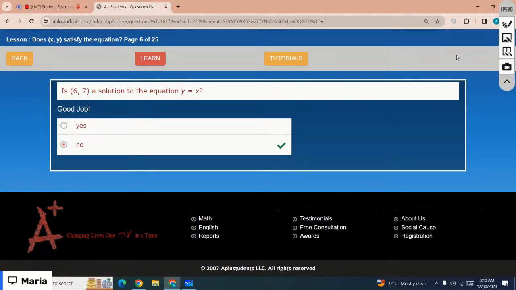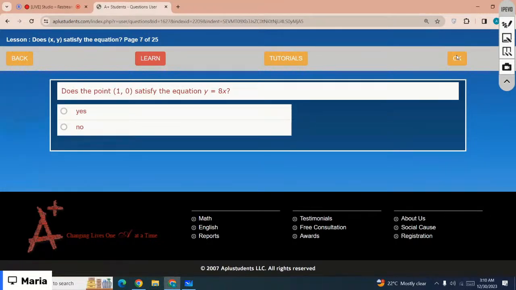Very good. The correct option is no. Does the point (1, 0) satisfy the equation? Which is the correct option?